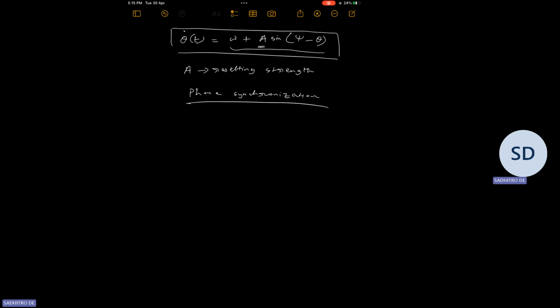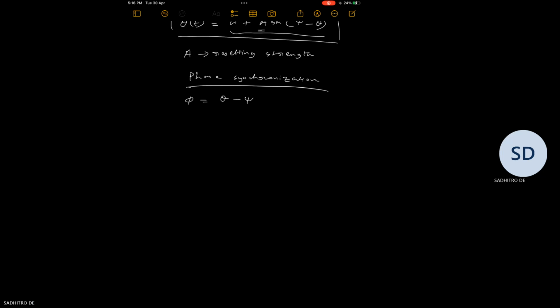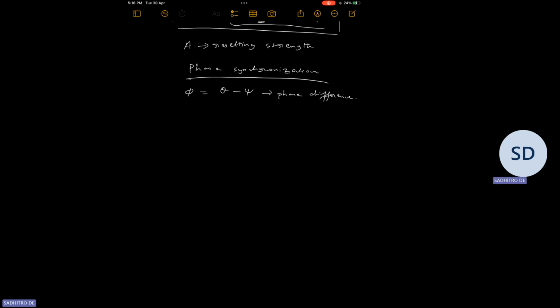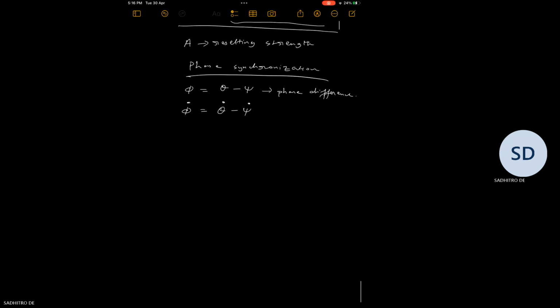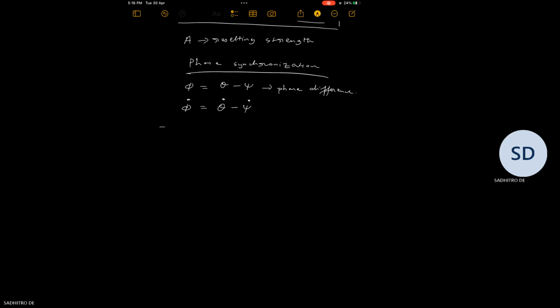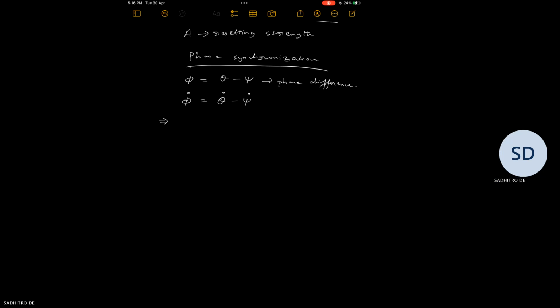Okay, so for this, we need to study the phase difference of the system. The phase difference is defined as phi, which is theta minus psi, and the rate at which this changes is nothing but theta dot minus psi dot, or in other words, d phi by dt is equal to the following.